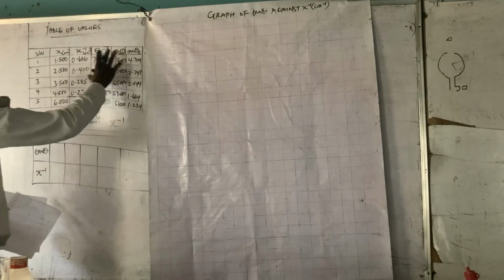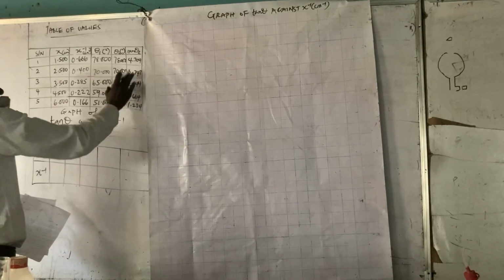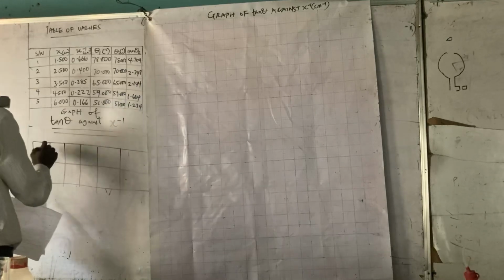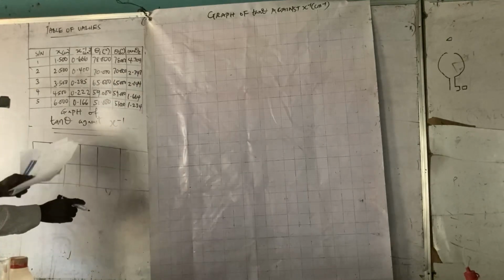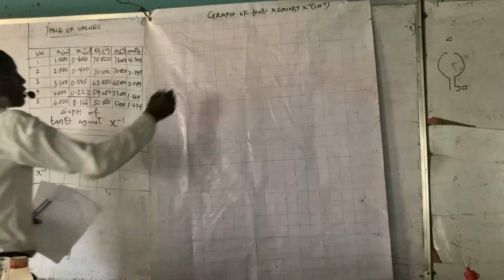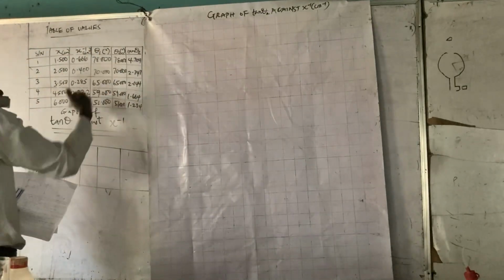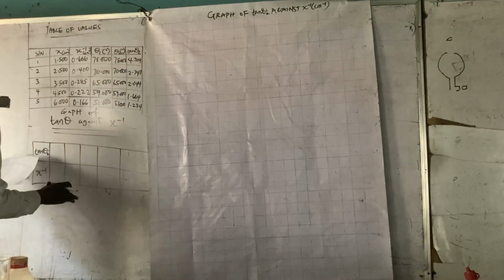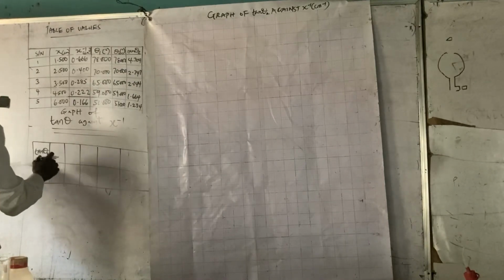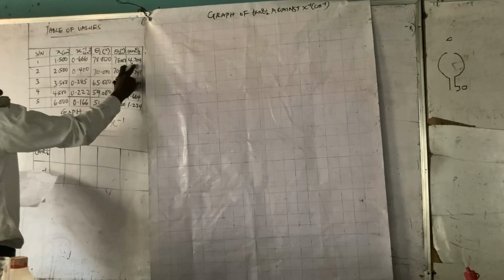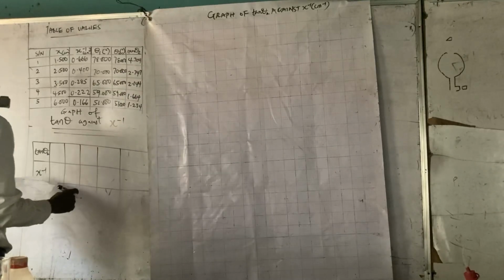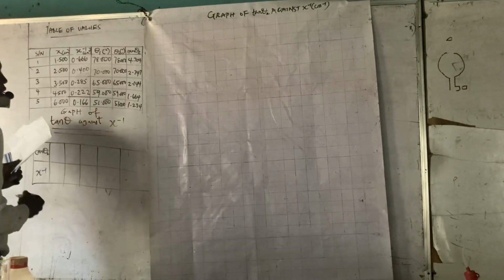Now for the tan, you can take the highest number for tan theta 2. Don't forget that both thetas are the same thing. So tan 2 theta, the highest number here is 4.7. The highest number is 4.7.